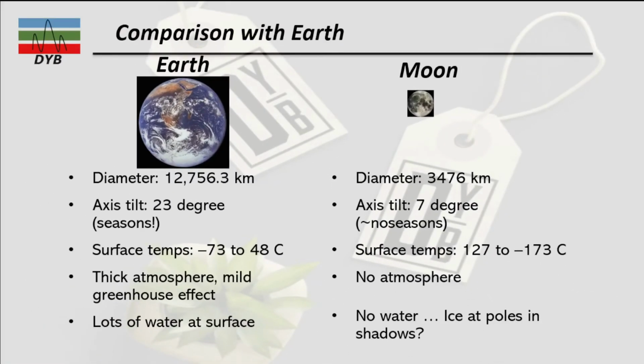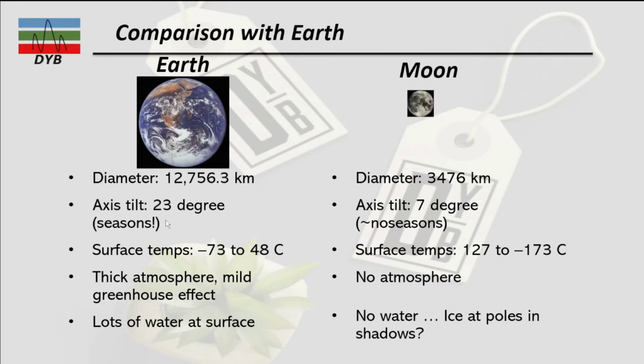So let's compare some of the differences between Earth and moon, so you will be more clear about your understanding of the moon. If you look at it, the diameter of the Earth is 12,756 kilometers, and the diameter of the moon is 3,476 kilometers.